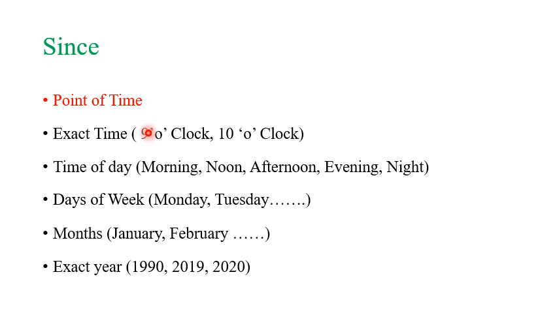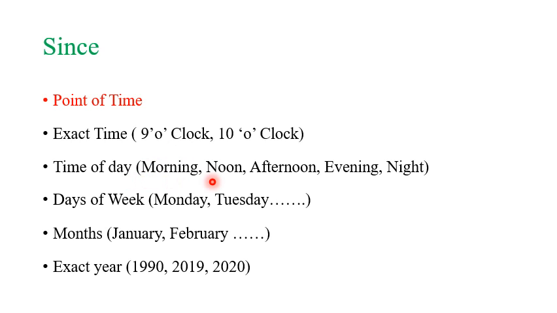Now, if that person is talking about 10 o'clock in the night, then it would refer to 10 in the night. So in this way, 9 o'clock or 10 o'clock or 3 o'clock are exact points of time.